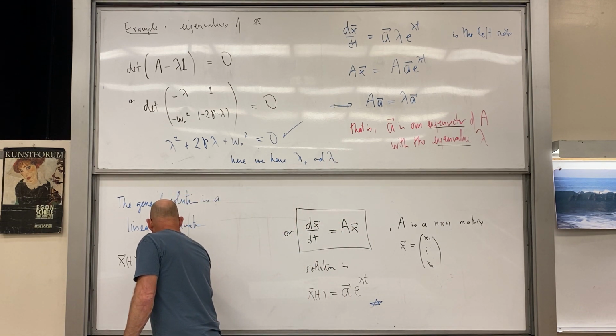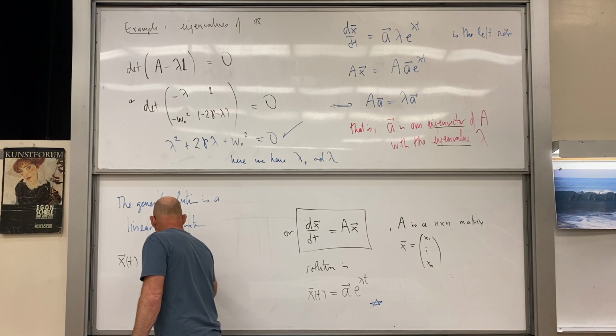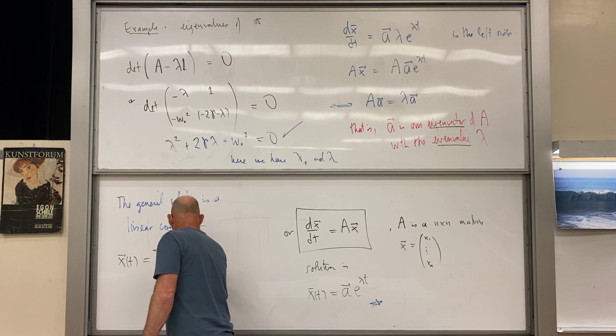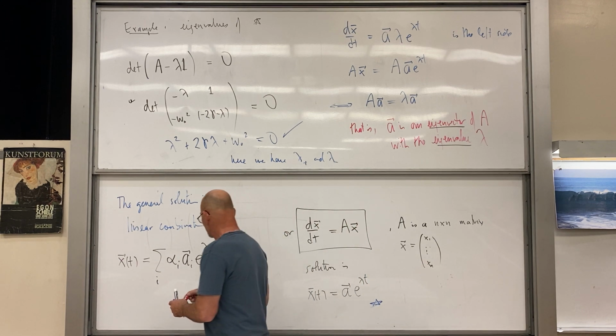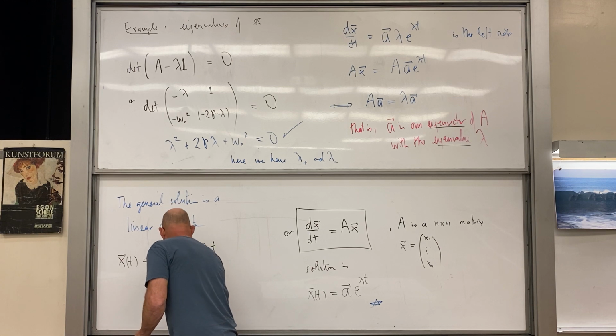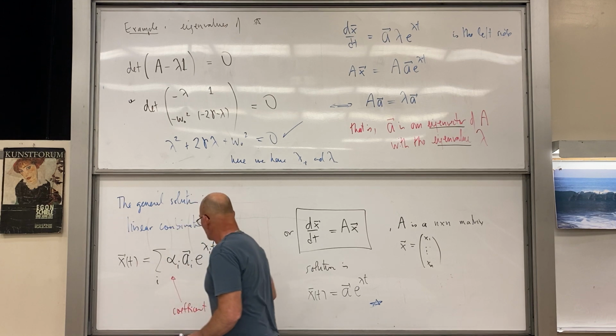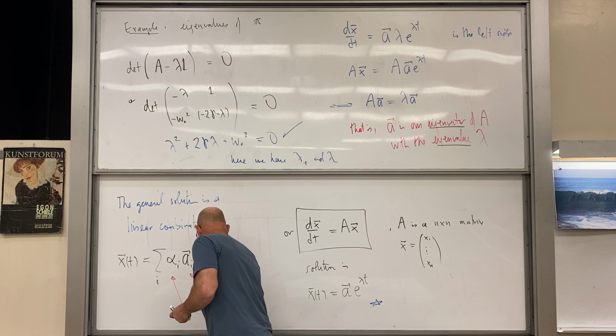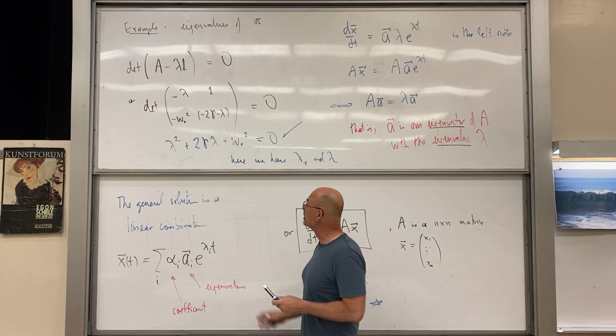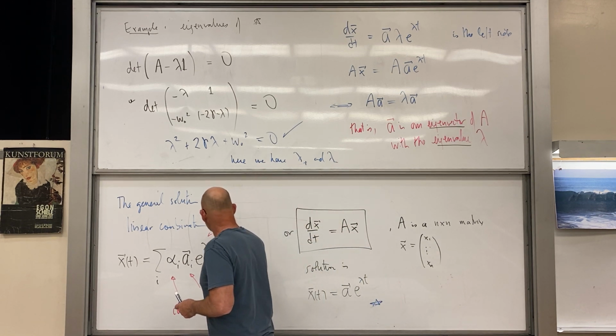We would have some constants here, alpha sub i, a sub i, e to the lambda sub i t, and these alphas are just coefficients, just some constants. These, of course, are the eigenvectors, n of them in general, 2 of them in our case, and these are the eigenvalues.